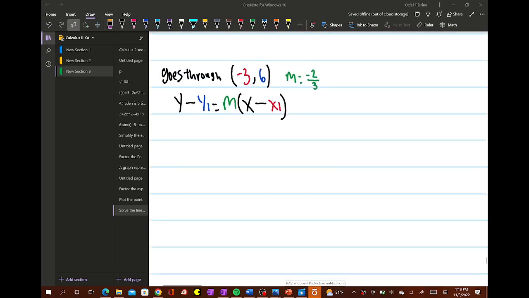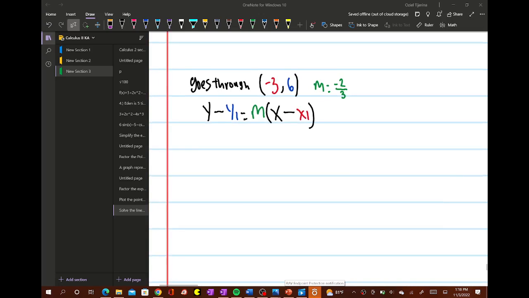Like I said, this is point slope form. It goes through (-3, 6), so this is x1 and this is y1, and the slope is -2/3, so m is -2/3.